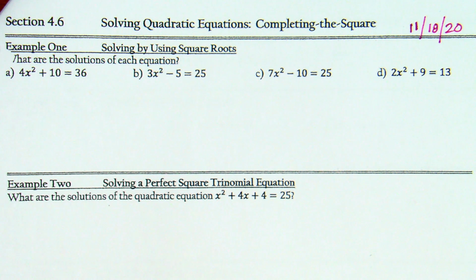Okay, so now we're going to learn something called completing the square. This is where we come into the issue of, can everything factor? And not everything can factor. And so we're going to learn some other methods. This lesson is completing the square. The next lesson will be quadratic formula.